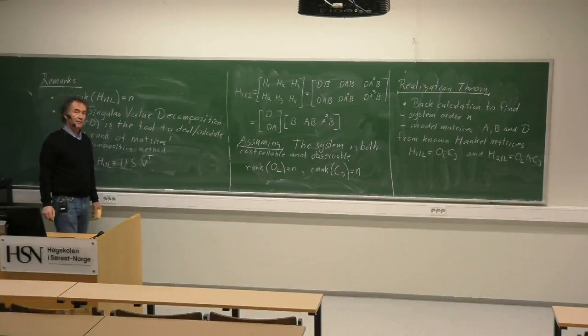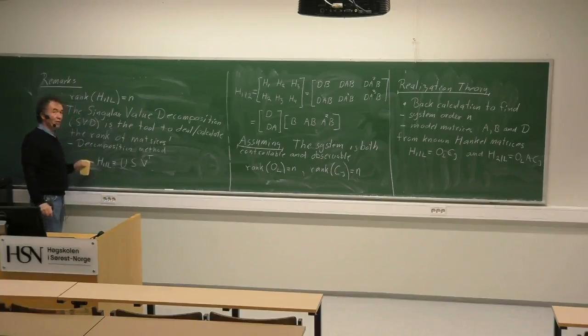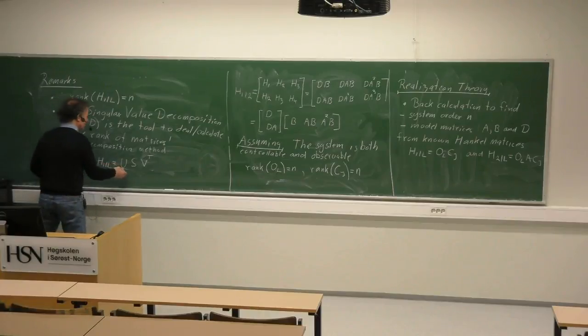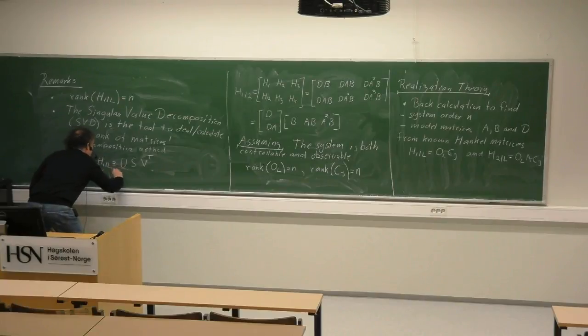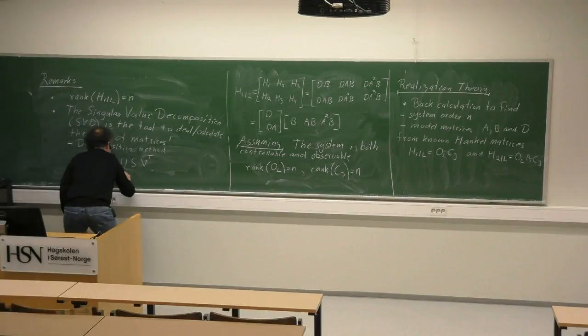Next week, I will introduce the singular value decomposition in more detail. But we have a MATLAB script for calculating USV. The MATLAB script would be like this. U and S and V would be calculated by the SVD function.